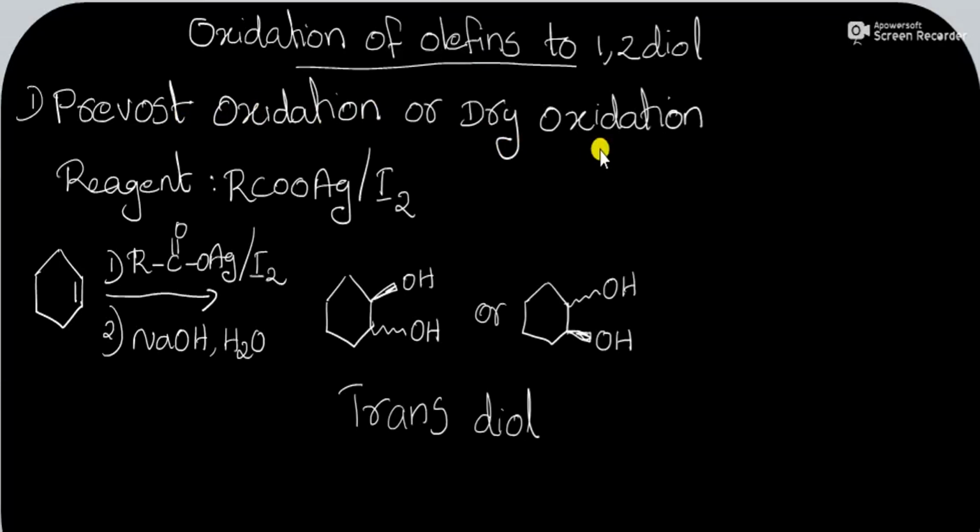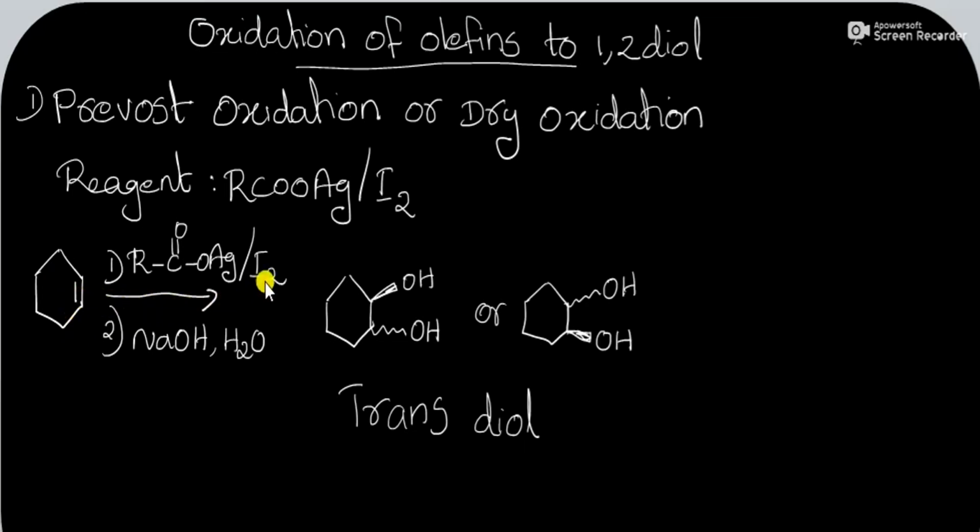What is the reagent used in Prevost oxidation? That is silver carboxylate in the presence of iodine. That is the reagent. Here, this is a cyclic compound having a multiple bond.